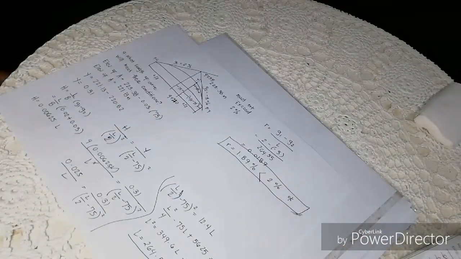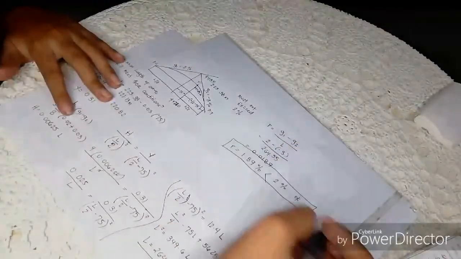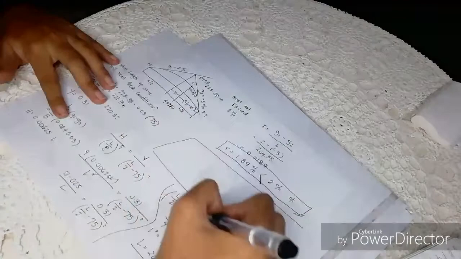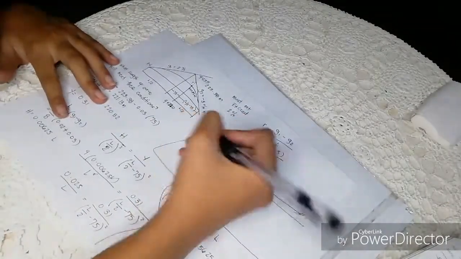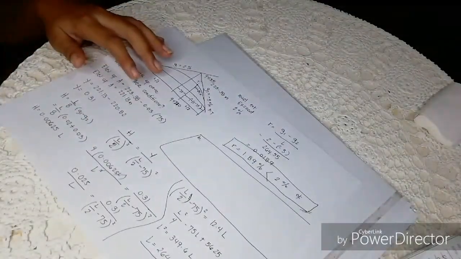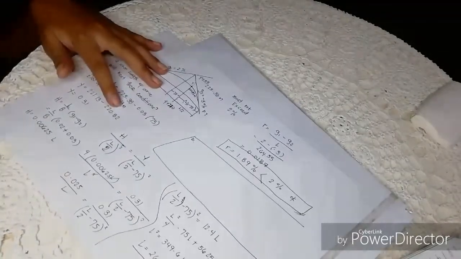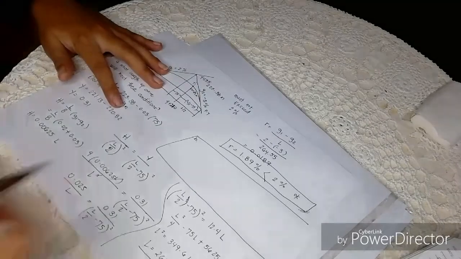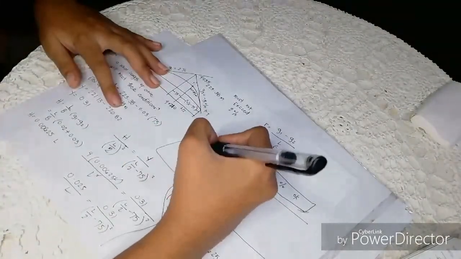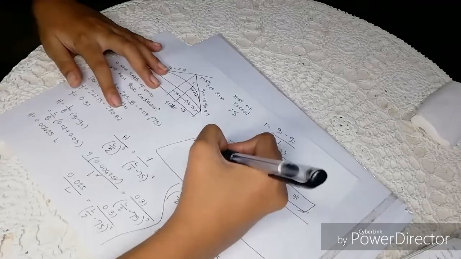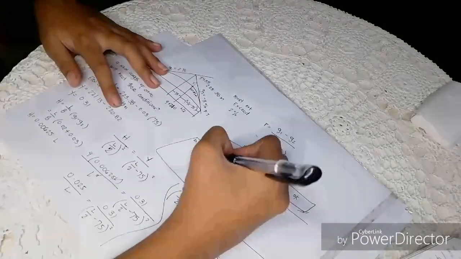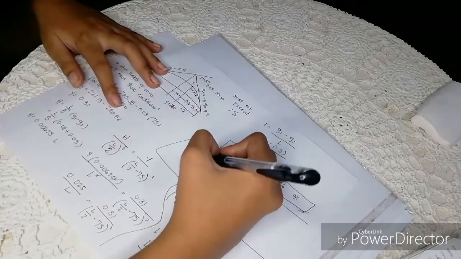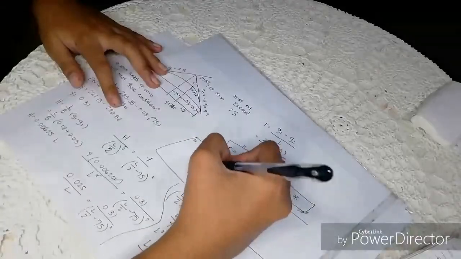Sa 2 naman, pasensya na, napakagulo. For B, ang hinahanap din ay highest point of curve, stationing of highest point of curve. So, ito ay summit. Kaya, ang gagamitin natin formula is S1 is equals to G1 times length over G1 minus G2.